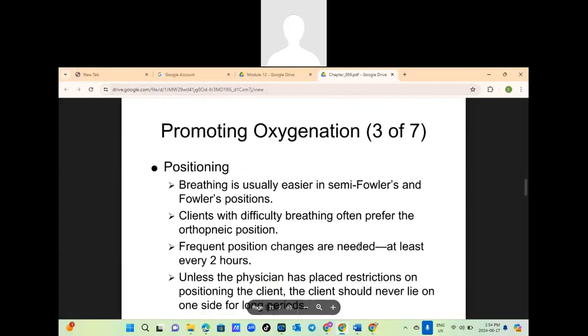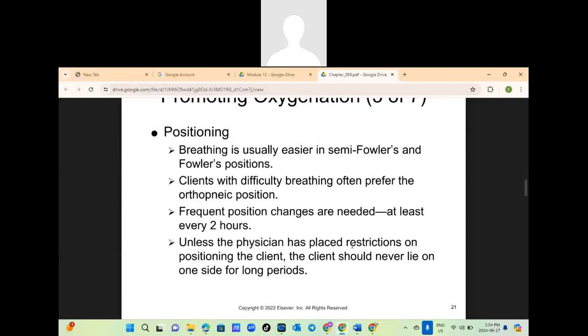Okay, so let's go to positioning. All right, so over here, we're going to assist breathing by putting the client in a sitting position, so the semi-Fowler's and the Fowler's position.